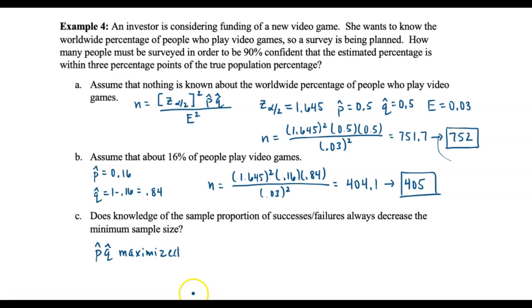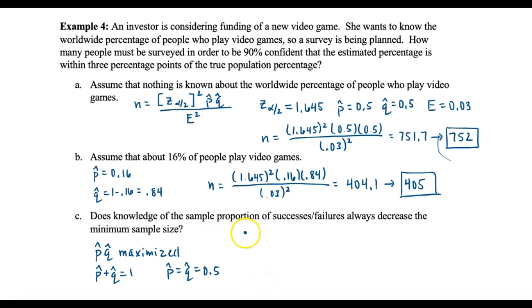Well, if we did do this maximization problem, which we're not going to because not everybody in here has been through Calculus 1, I believe, we would know that the value that would maximize p hat q hat when p hat plus q hat is equal to 1 is 1/2, is where p hat is equal to q hat, which is equal to 1/2 or 0.5.